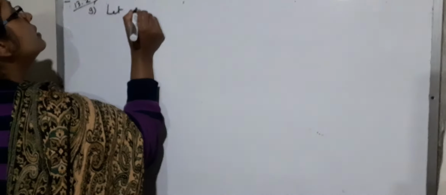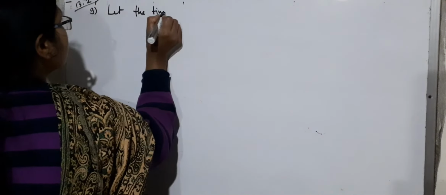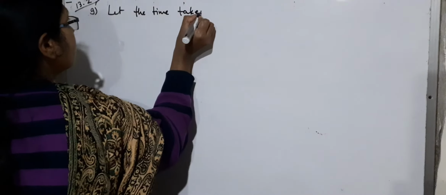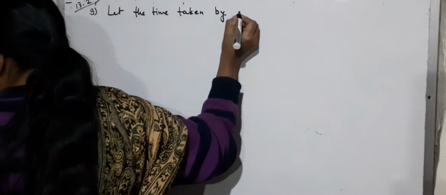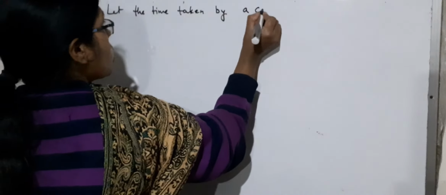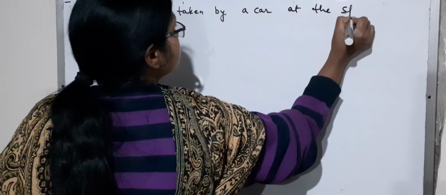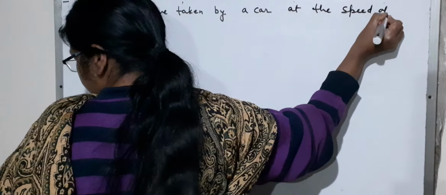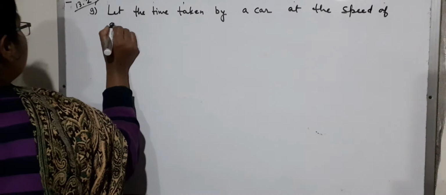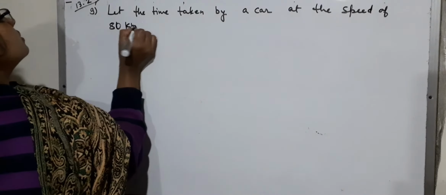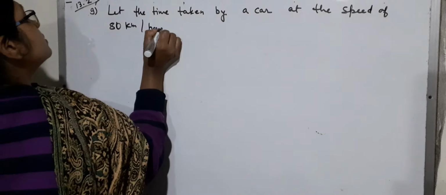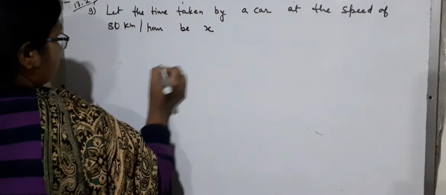Let the time taken by a car at the speed of 80 km per hour be x.